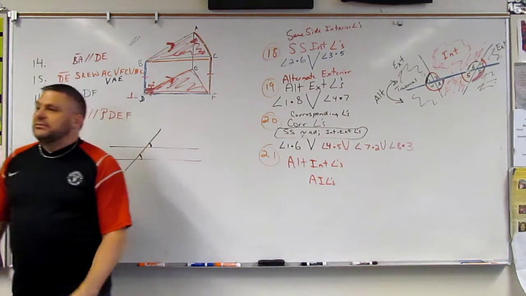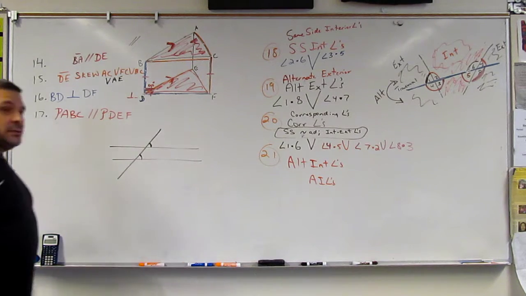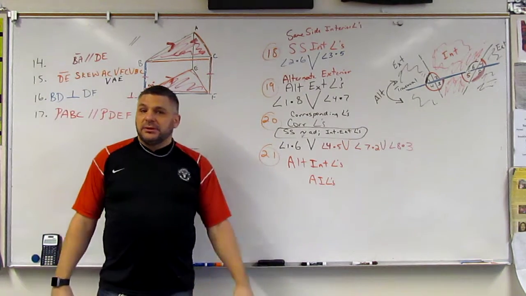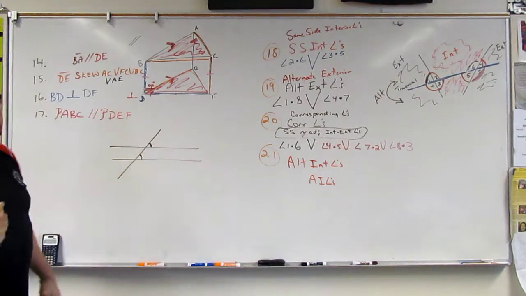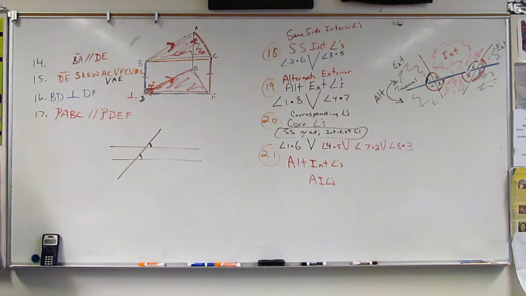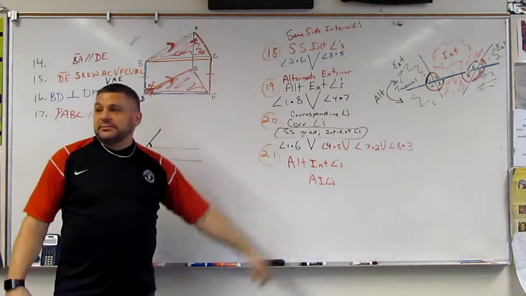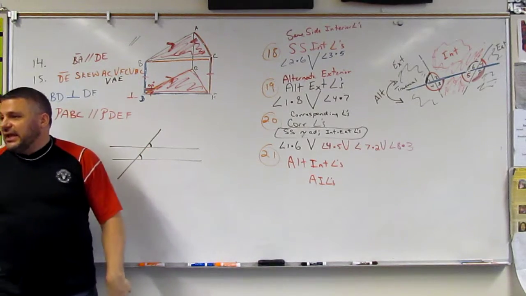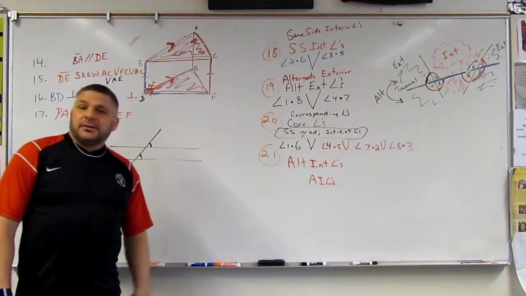That's fine with me. But we have to write something. You either write the whole word, alternate interior, partial words, or at least the first letters, right? So AI, AE, SS for same side, SSI, SSE for same side interior, same side exterior.